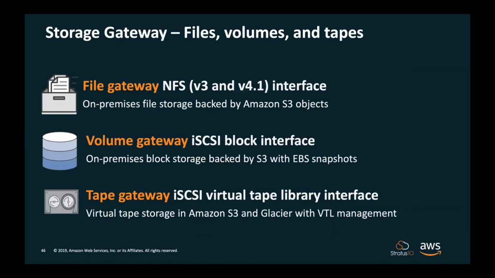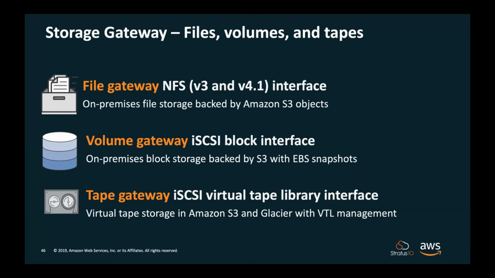The Storage Gateway has 3 main flavors. The File Gateway gives you a file storage option, utilizing S3 to extend your file storage. The Volume Gateway gives you an iSCSI interface that utilizes S3 and allows you to access that data in AWS through EBS snapshots.